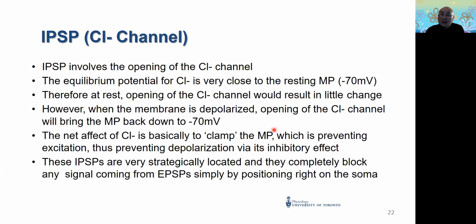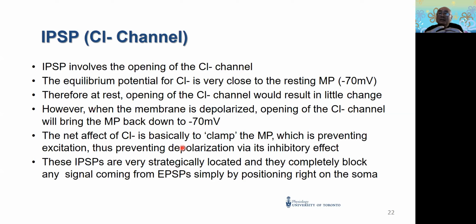But that's not the situation we're looking at in that previous slide. What we're looking at is the spread of this depolarizing current. It's getting closer and closer to that trigger zone we are interested in. But if suddenly, halfway between where it started and before it reached the actual trigger zone, we opened up a chloride channel, which would then cause hyperpolarization, it would block the membrane potential by bringing it back to -70. That would mean the depolarization would rapidly go back below threshold.